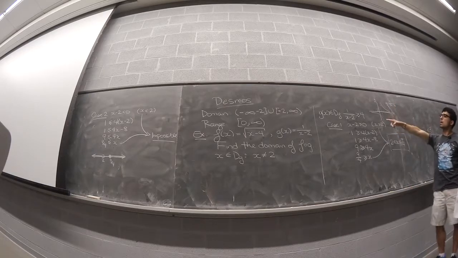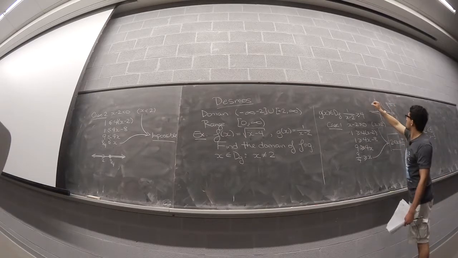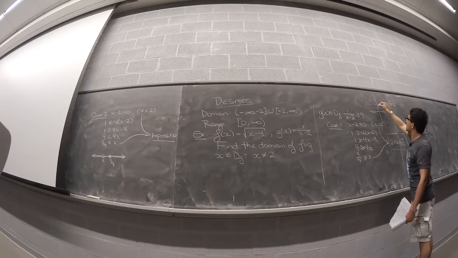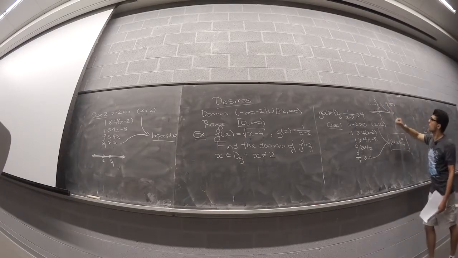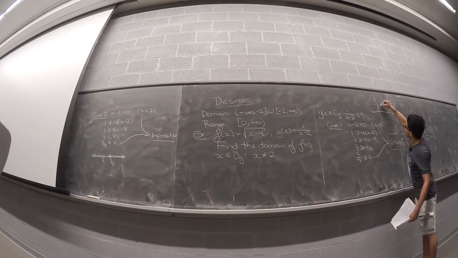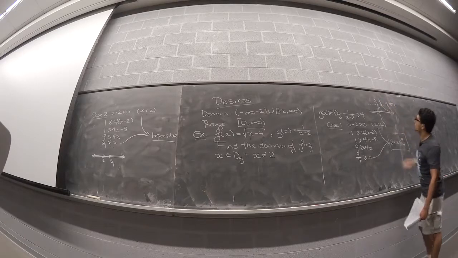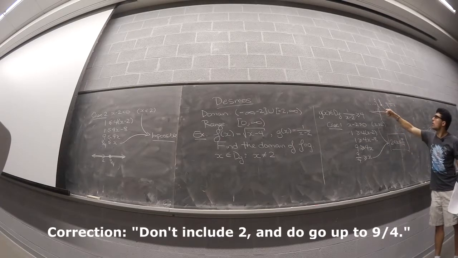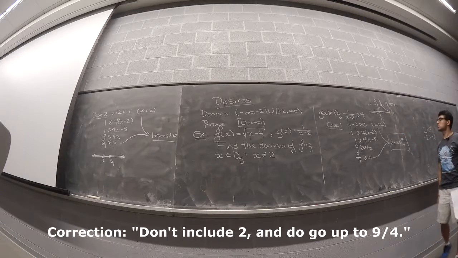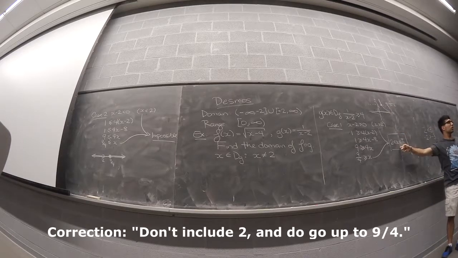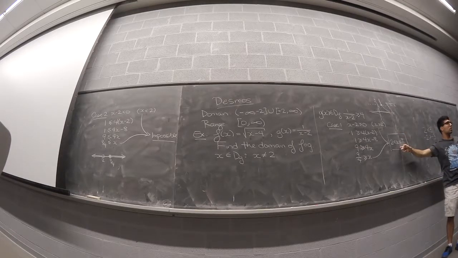You want to see where this guy is greater than or equal to 4. So 4 will be up here someplace. Greater than or equal to 4 is all of this. Don't include 0 and do go up to 9/4. Good? Questions?